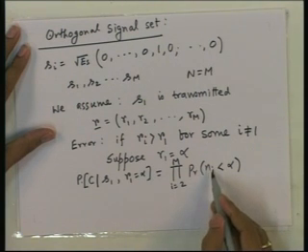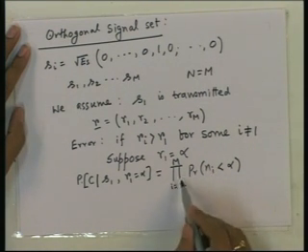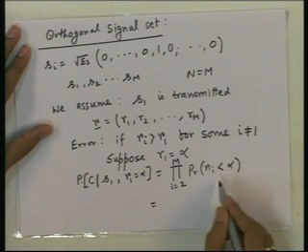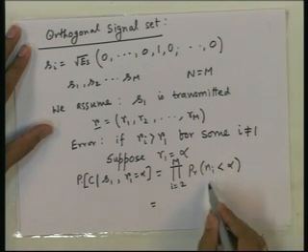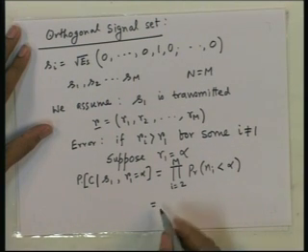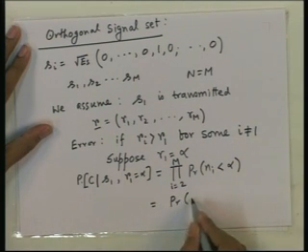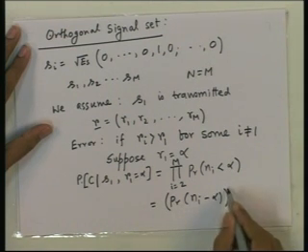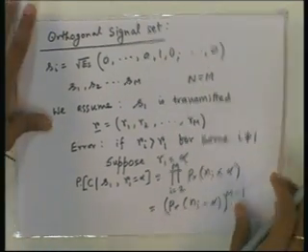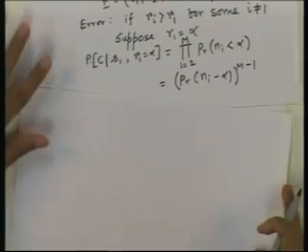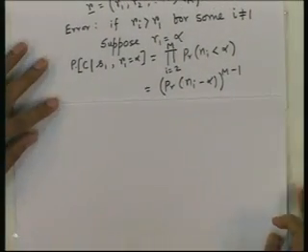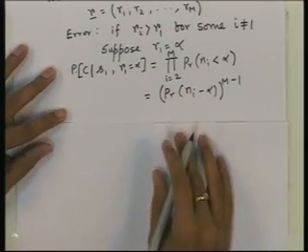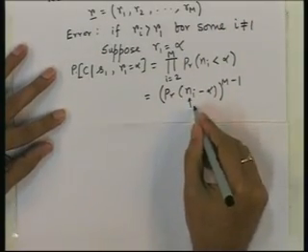The Ni's are independent of each other, so we can take the product, and all Ni's have the same distribution. So, we have the probability that Ni is less than alpha, to the power m minus 1, and this can be written in terms of the density function of the noise. All the Ni's have the same density function, which we denote by Pn.